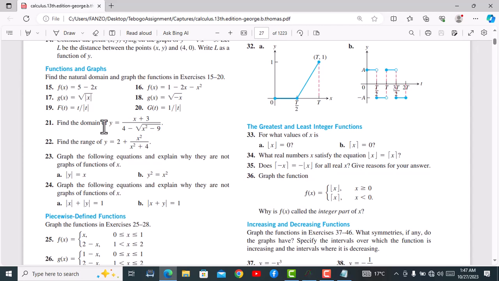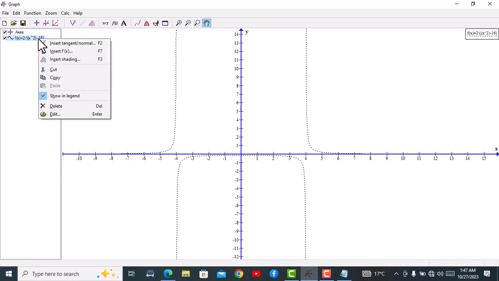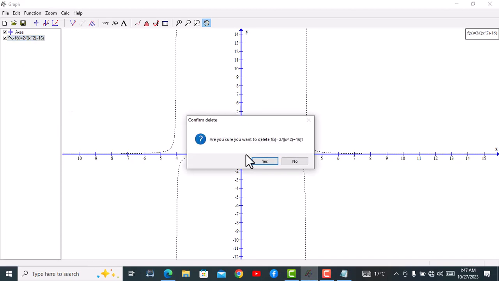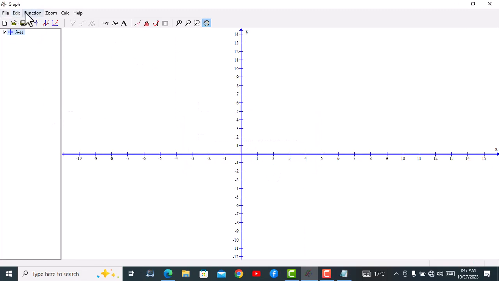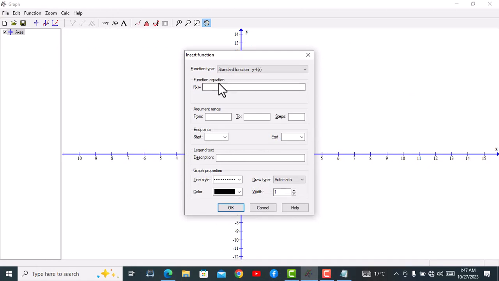So in our interval of domains, we have to move from 1 to positive infinity, because that's how the natural numbers work. What I will do is delete this and just have that function, which is 5 minus 2x, and see how that graph would look.